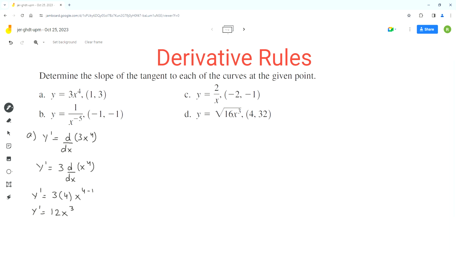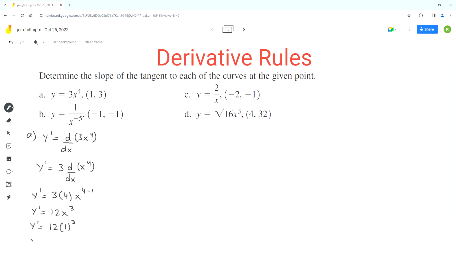Now we have to find the slope of the tangent at the given point, and in part A the given point is 1 comma 3. So we'll have to sub in x as 1 in this derivative expression to find the slope of the tangent. So we get y prime equals 12 times 1 to the power 3.